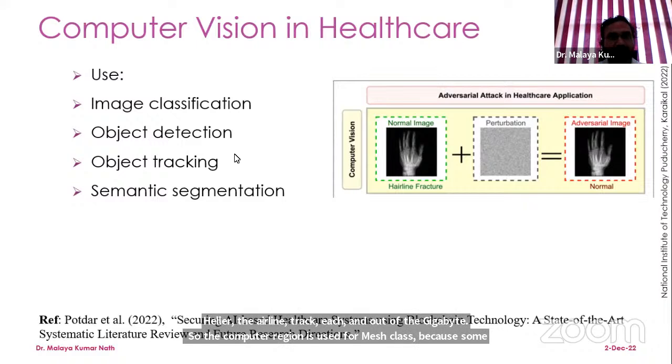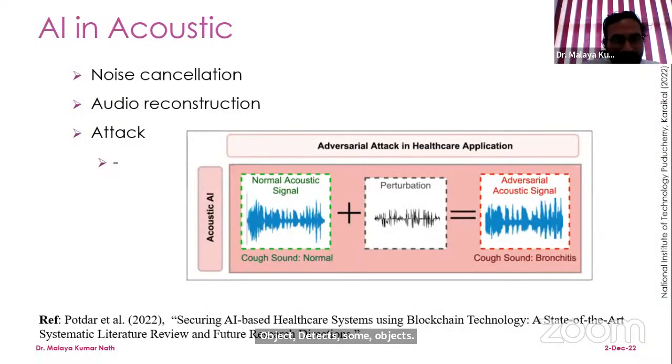Now, AI in acoustics. When we talk about acoustics, it is nothing but a one-dimensional signal. Here are the speech signals, coughing signals, crying signals, and maybe ECG and EEG signals also come in this category, because these are also one-dimensional signals.